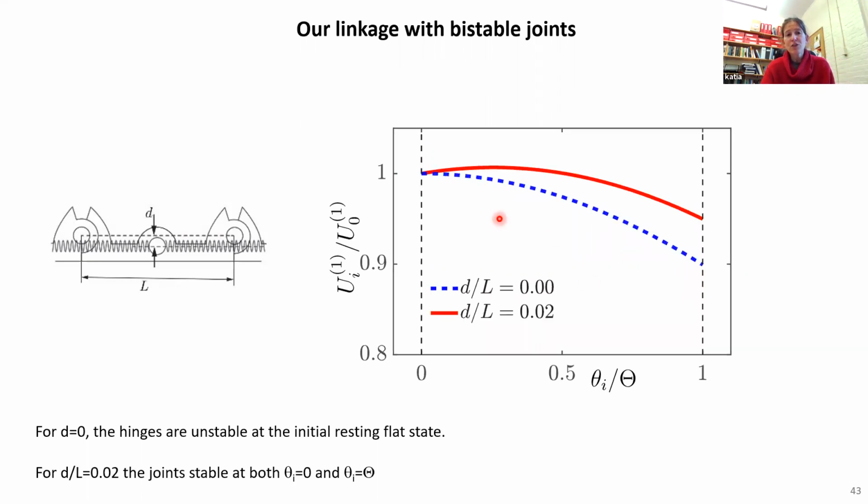However, if I shift the spring from the line connecting the hinges, then the joints are stable both in the flat configuration and in the rotated configuration, so both for theta equals 0 and theta equals capital Theta. Now I have a structure with two energy minima, a bistable building block.